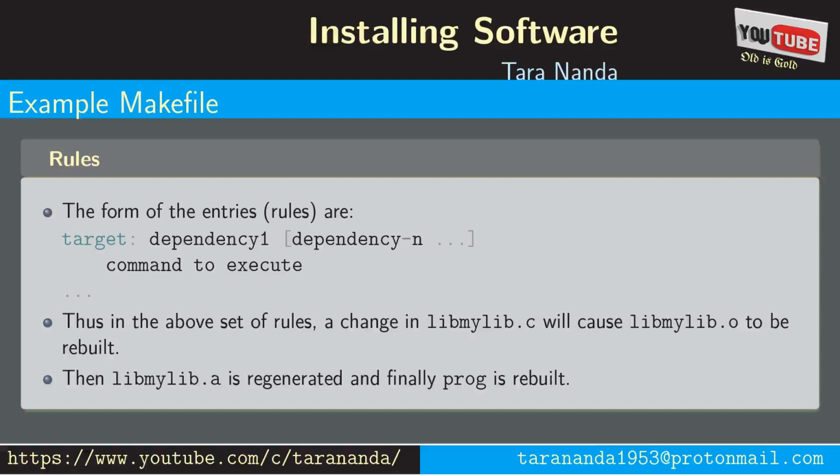As we have seen, we had three rules above. A change in libmylib.c caused libmylib.o to be rebuilt, and as a result of that, libmylib.a is regenerated, and consequently prog is rebuilt.